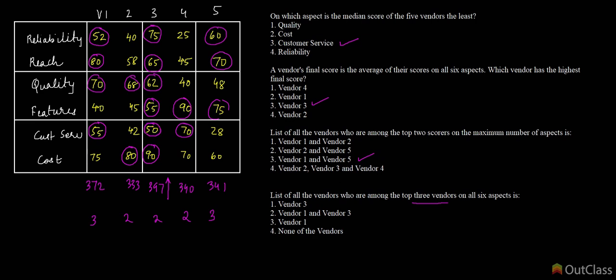And 90, 80, 75 gets added. So you'll see that there is only one column that is completely circled. Vendor 3 is in the top 3 in all 6 aspects. The answer is vendor 3.